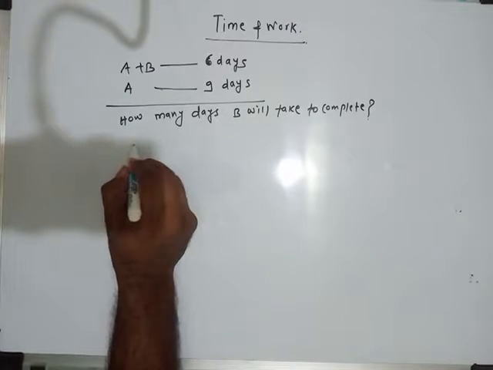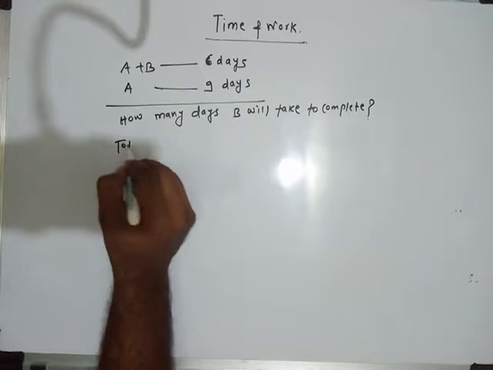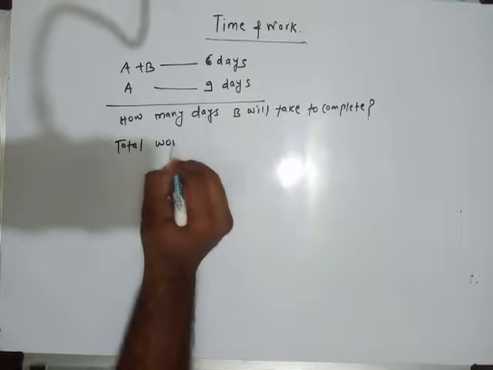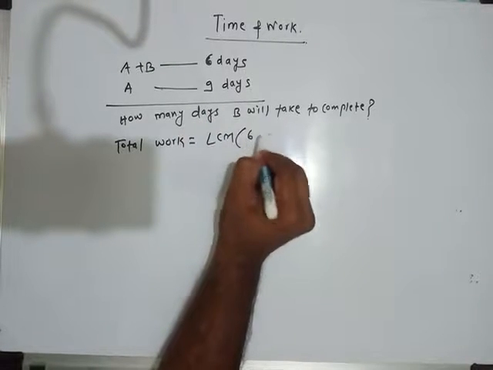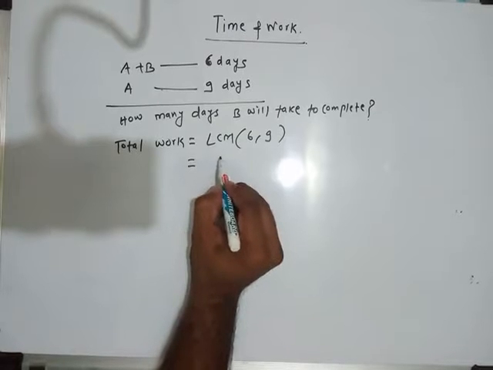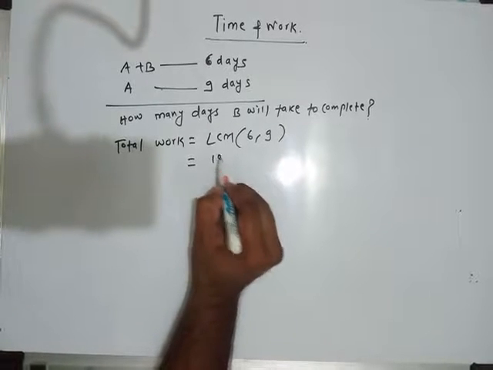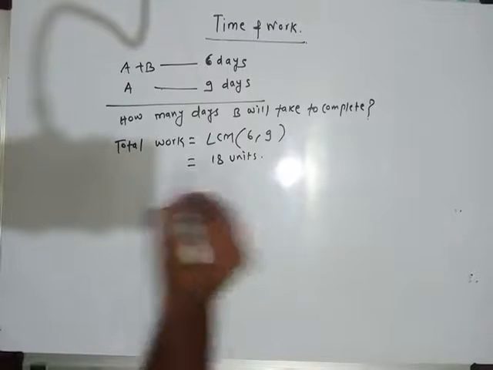So the concept is again the same. Assume the total work is equal to LCM of 6 and 9, which is equal to 18 units.